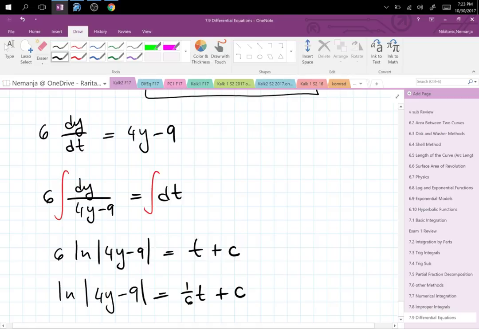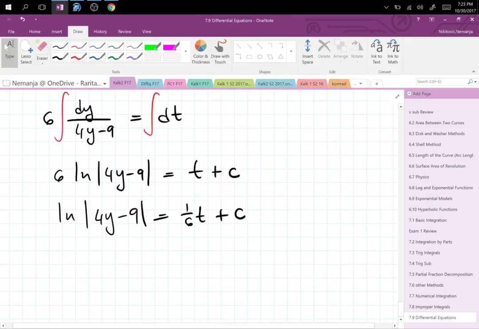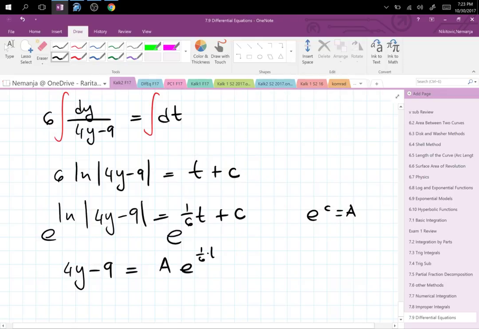You don't have to write c over 6, you can just write c. Now, e both sides, 4y minus 9 is equal to e to the c, let's say it's a, so a e to the 1/6 t.